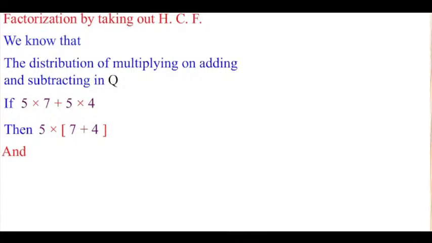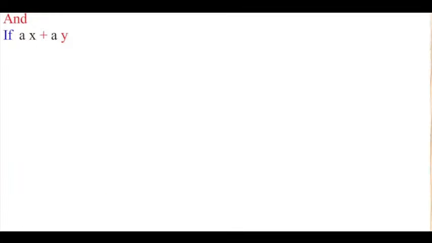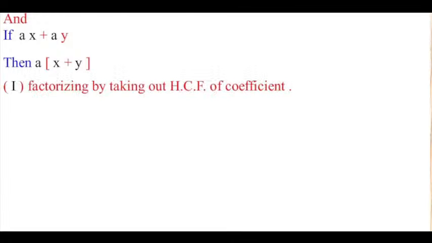And if we have 6 times x plus 6 times y, then we can take 6 as a common factor, then we have 6 times x plus y. And if ax plus ay, then we take a out as a common factor, then we have a open bracket x plus y.